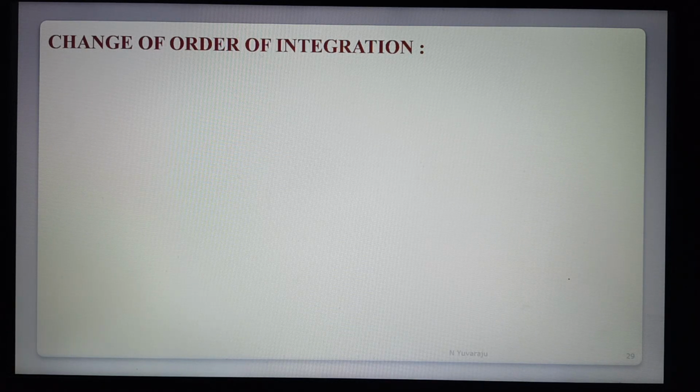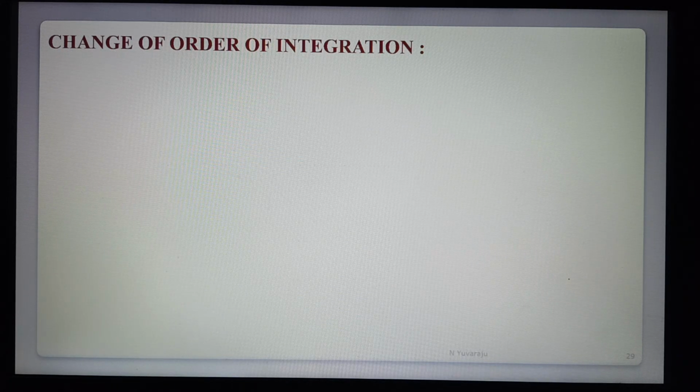Given a region of integration consisting of a horizontal strip, it is changed into a vertical strip region of integration. That is called change of order of integration, and the order changes. A vertical strip region of integration is converted to a horizontal strip region of integration, or a horizontal strip region to a vertical strip region.